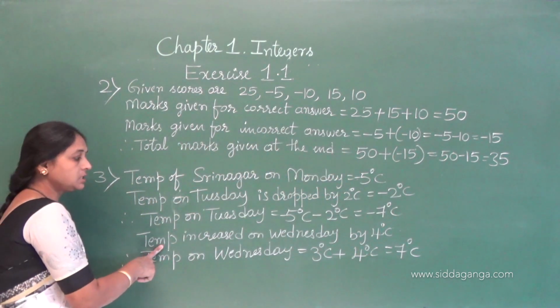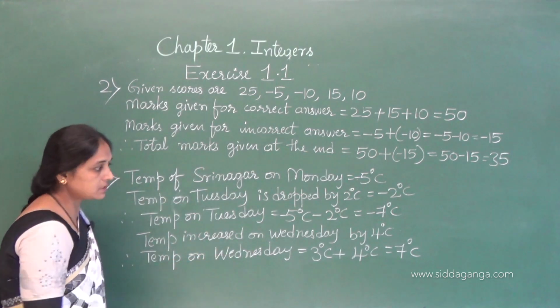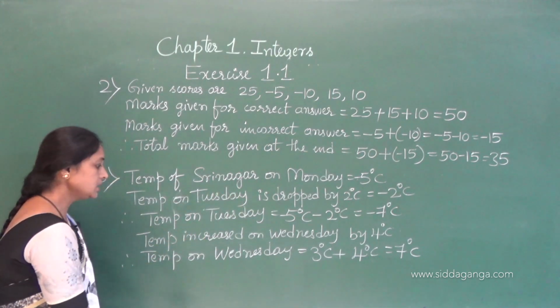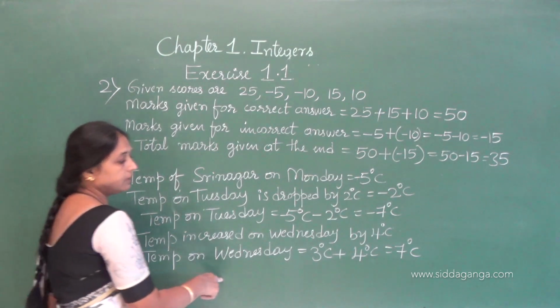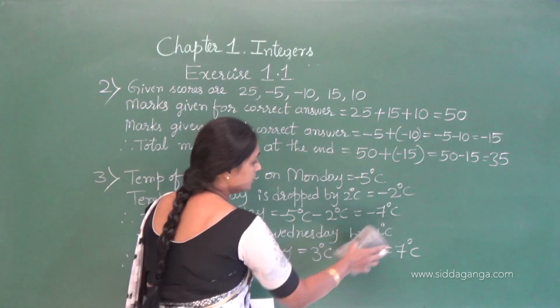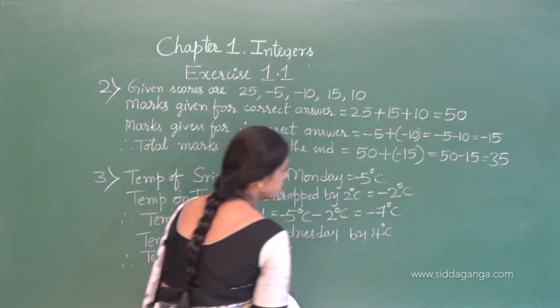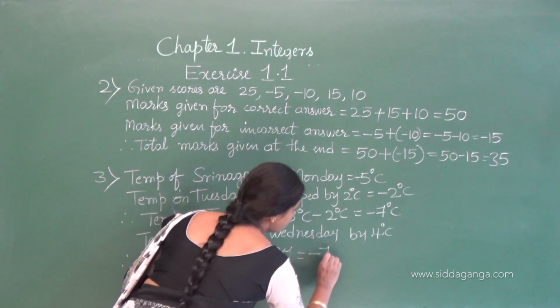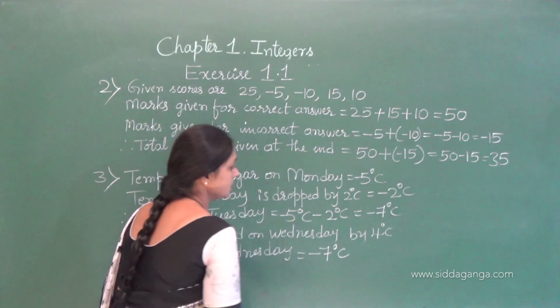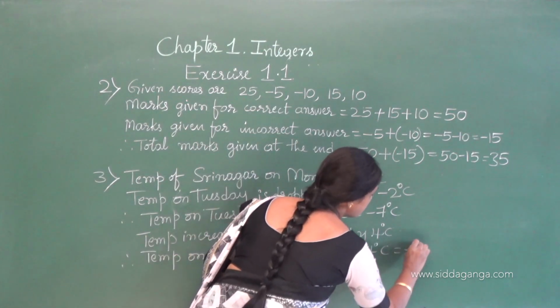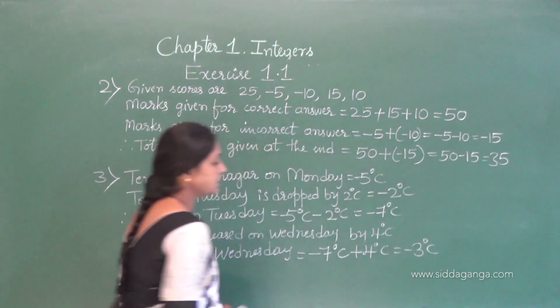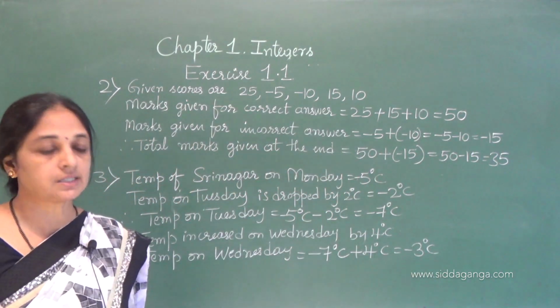So, the temperature increased on Wednesday by 4 degrees Celsius. Then the exact temperature on Wednesday is equal to minus 7 degrees Celsius plus 4 degrees Celsius, that is equal to minus 3 degrees Celsius.